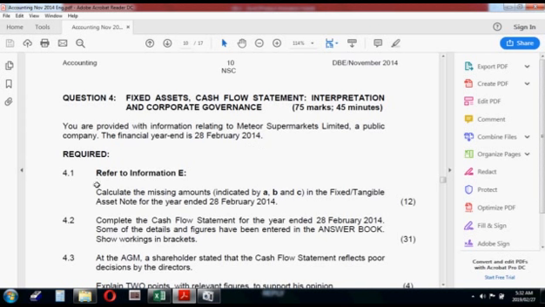For 4.1, it's required that we refer to information E, where we have to calculate the missing amounts indicated by A, B and C in the fixed or tangible asset note for the year ended 28 February 2014, for 12 marks.